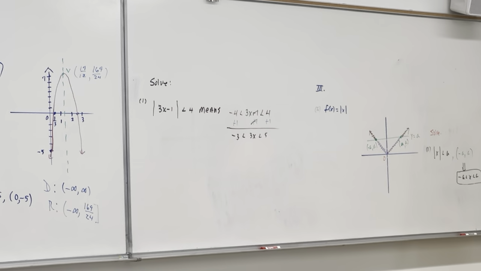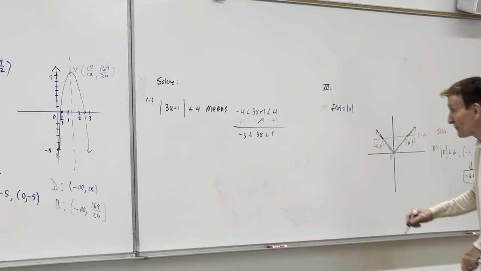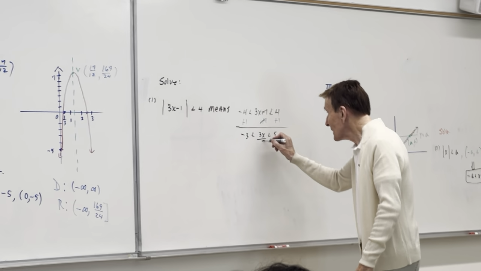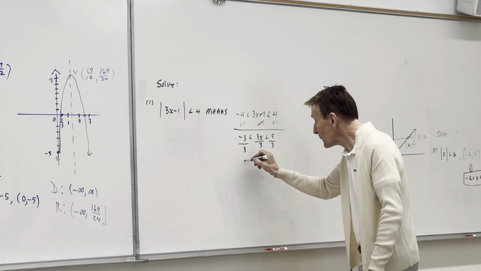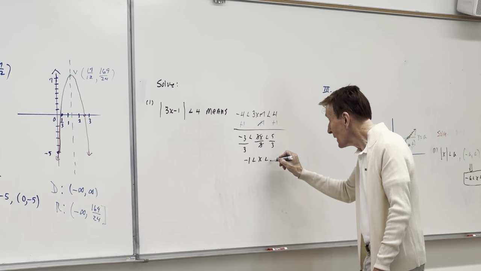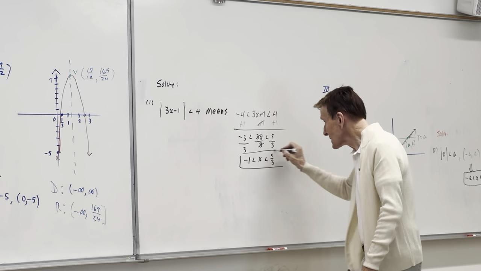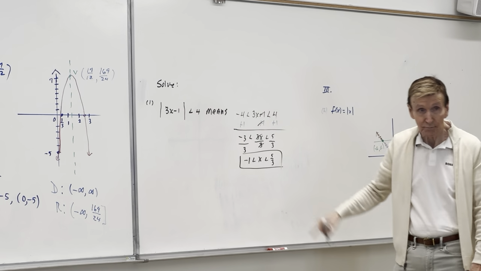What's my last step to solve for x? Divide by 3, everything by 3. Thank goodness that 3 is positive, no symbols reversing on me. So you end up with negative 1 is less than x, which is less than 5/3. Corey says, Professor, when they say solve for x, that's the answer.